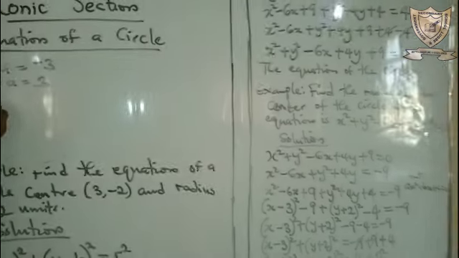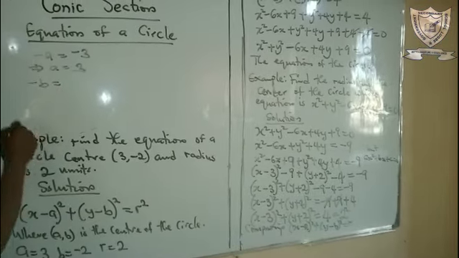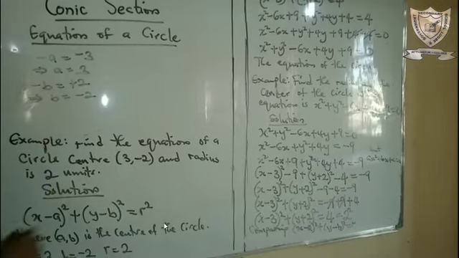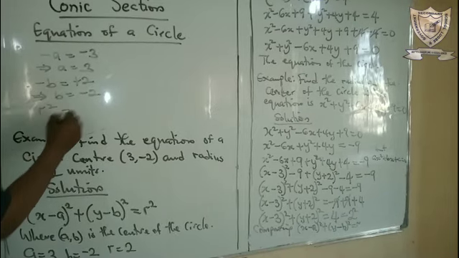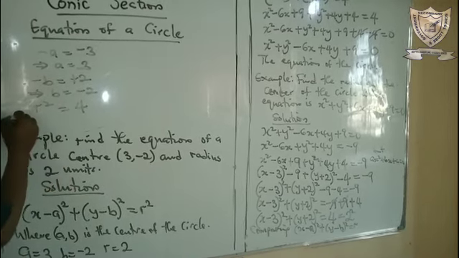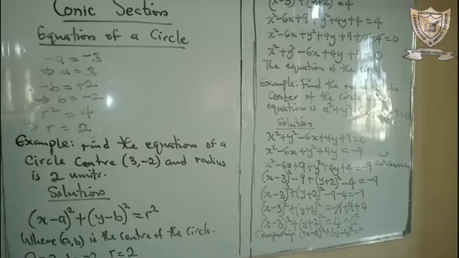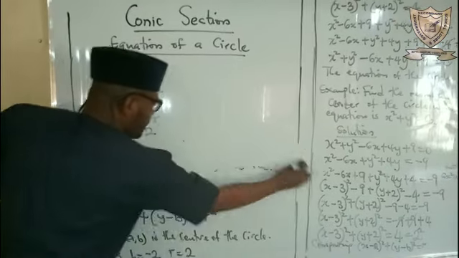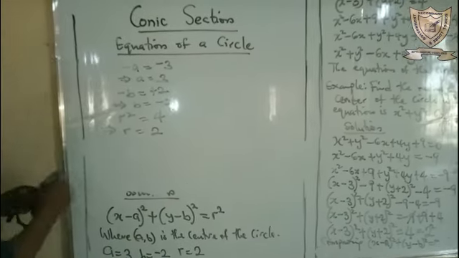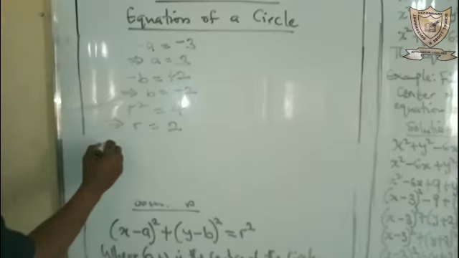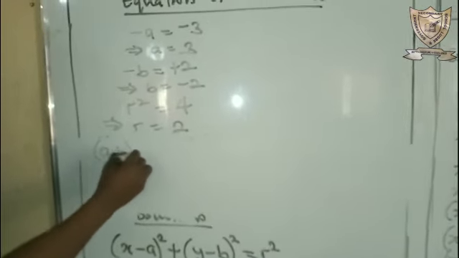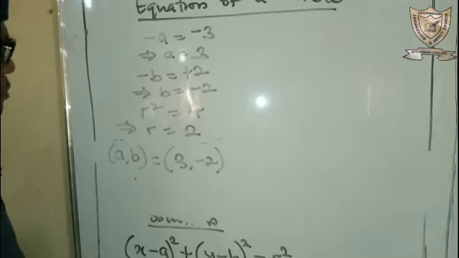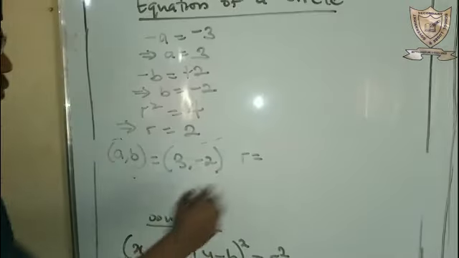Comparing, minus b equals plus 2, so b is equal to minus 2. So r squared is equal to 4, therefore r is equal to 2. So now we have the center, a, b equals 3, minus 2, and the radius equals 2.